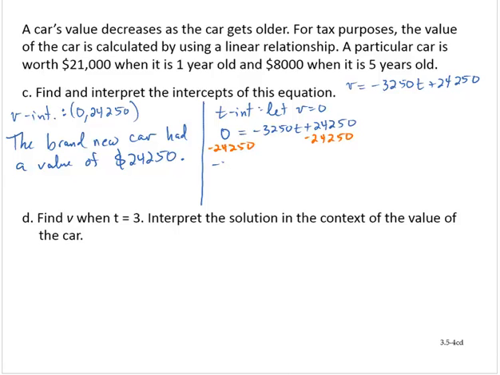So we now have negative 24,250 is equal to negative 3,250t. Now I'll divide through by the negative 3,250. I'm going to use a calculator real quick. Negative 24,250 divided by negative 3,250 gives me 7.46.